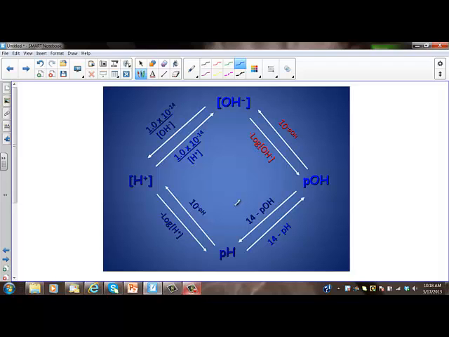So here you can see if I'm going from OH- to H+, it's 1 times 10 to the minus 14 divided by the concentration of OH-. And if I'm going from H+ to OH-, it's 1 times 10 to the minus 14 divided by the H+ concentration.